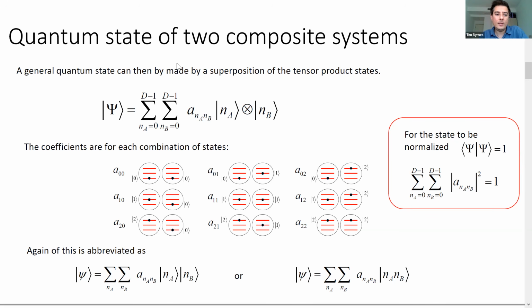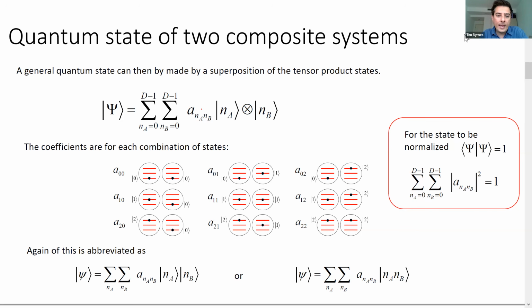So this psi is a 9-dimensional vector, and of course I could just write it as a 9-dimensional vector, but just so that you can see the underlying structure, often the way that we write it is in terms of these coefficients, A, NA, and NB, where these run over the dimensions of the subsystem.